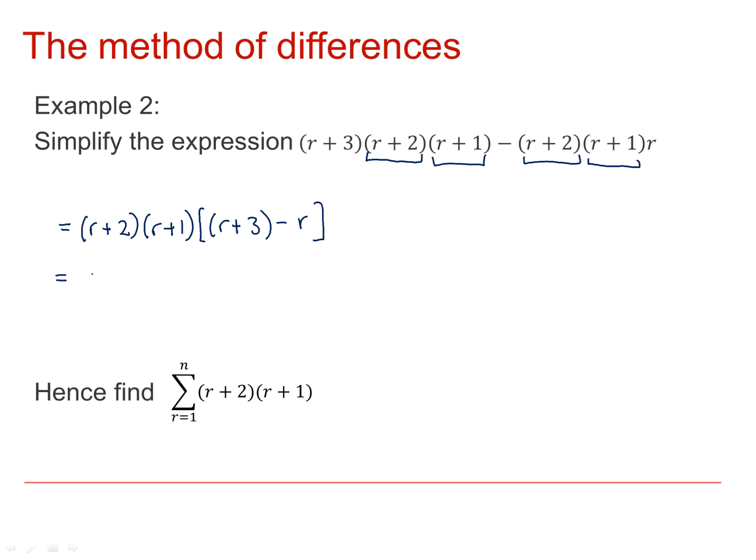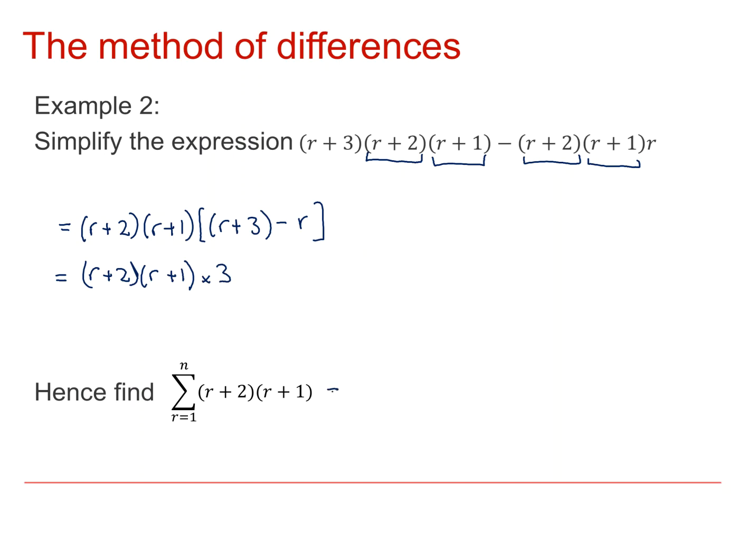And so the expression we're given is r plus 2 multiplied by r plus 1 multiplied by r plus 3 take away r, which is 3.